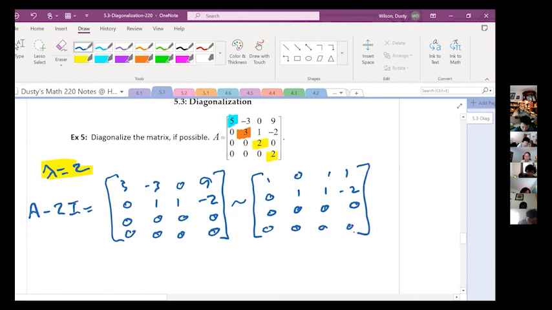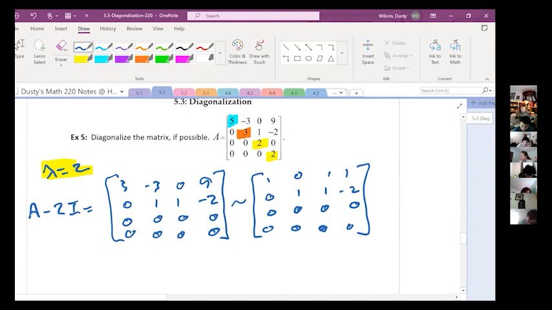How many columns do not have a pivot? So 2 columns don't have a pivot. So how many linearly independent eigenvectors are we going to have corresponding to lambda equals 2? There's also going to be 2.